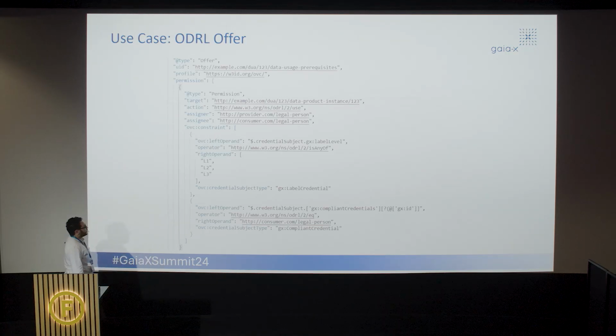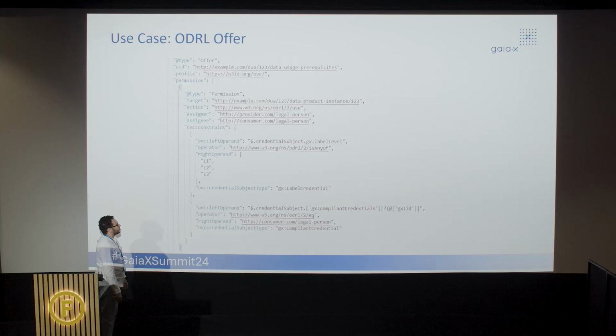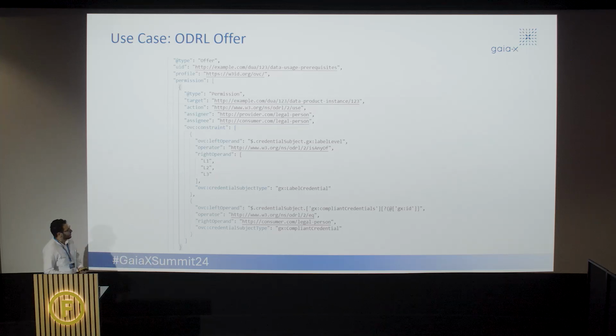So let's go back, for example, to a use case. And here using Gaia-X credentials, so the new credentials with the LWAR, if you manage to get the LWAR compliance credential. So here we have a policy, again, same thing, a target, action, assigner, assignee. And the most important part we want to focus on is the constraint.